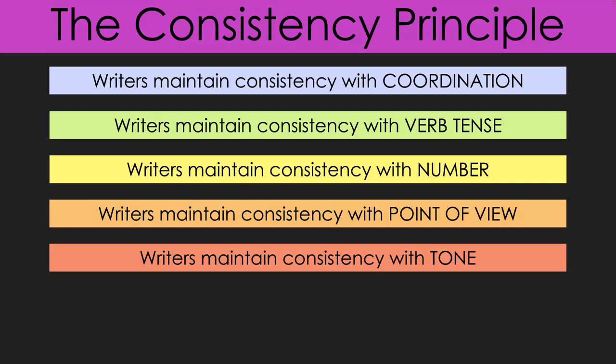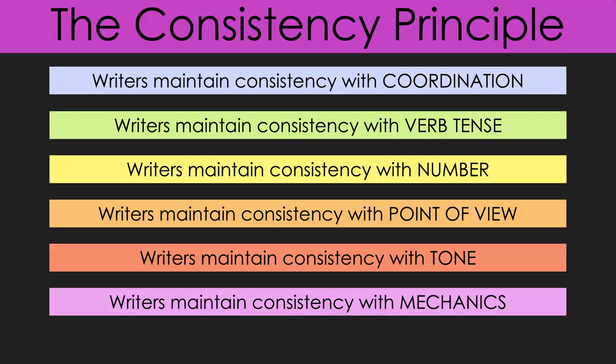Writers maintain consistency with tone. If you're trying to sound formal, you keep sounding formal. And the most complicated and biggest one is that writers maintain consistency with mechanics: capitalization, punctuation, commas, all of those specific rules. But let's jump into these really quickly and show you what they look like so you can get a better sense of how they operate.